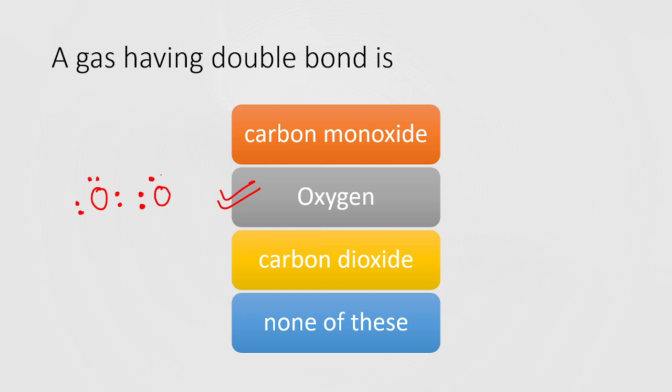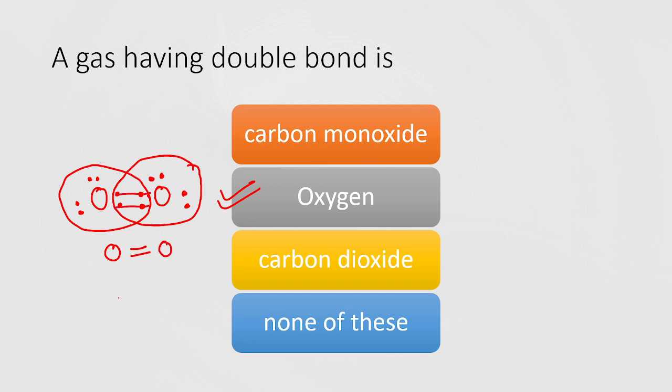So here by sharing two pairs of electrons, both the oxygens are completing their octet. You can see the double bond is formed by sharing of two pairs of electrons, and there will be two lone pairs of electrons on each oxygen.